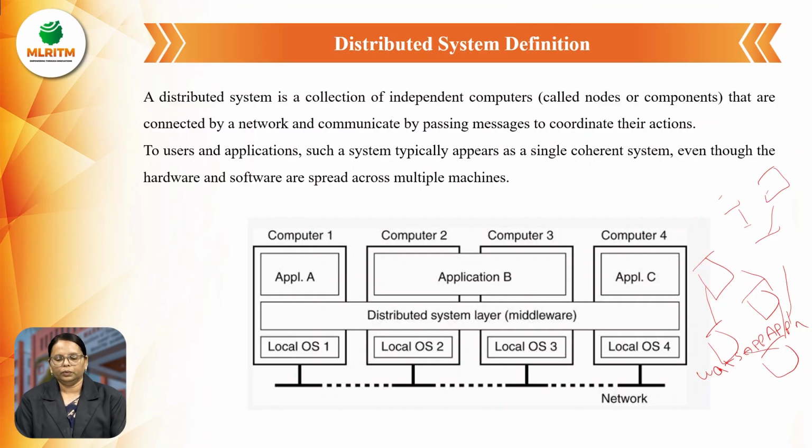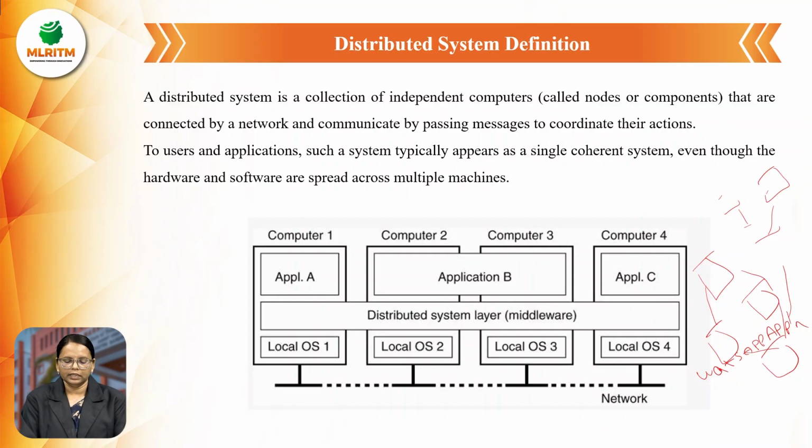Then resource sharing, meaning sharing information and hardware components, and transparency, meaning a single system view. So this is the distributed system definition.